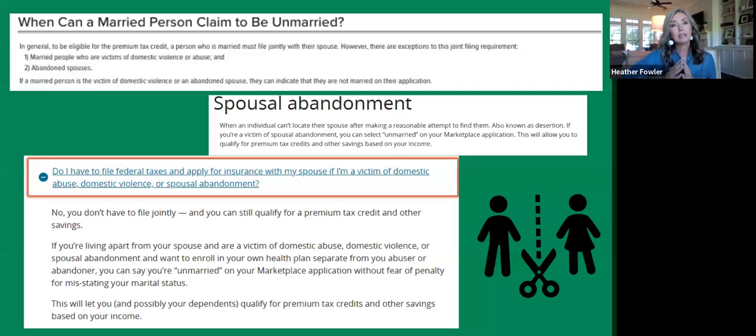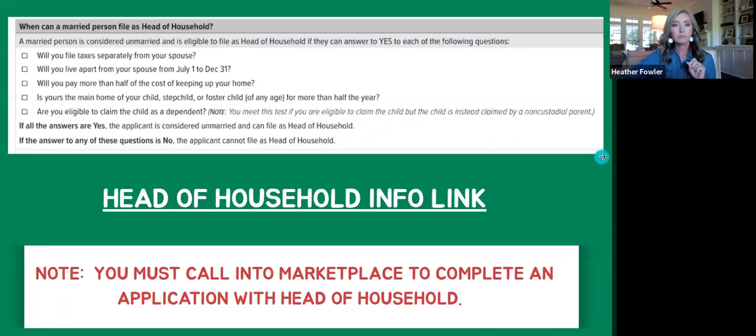And then that way, the person that's married can still get the premium tax credits or cost share reductions that they wouldn't otherwise be eligible to get if they were not filing jointly with their spouse. So those are 2 of the exceptions to that general rule. The other one is the head of household.